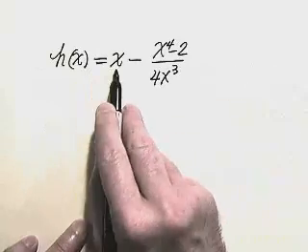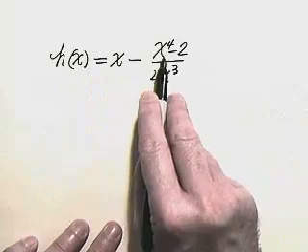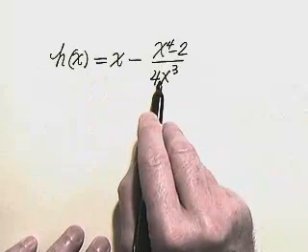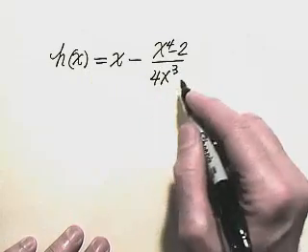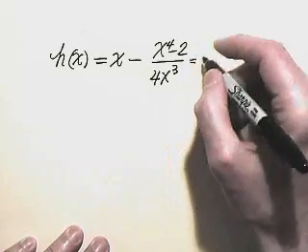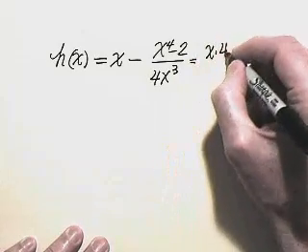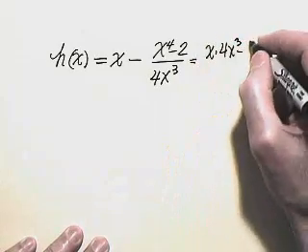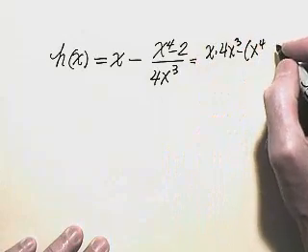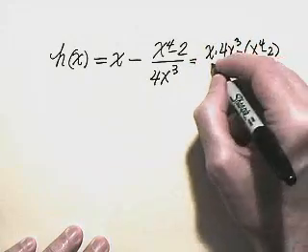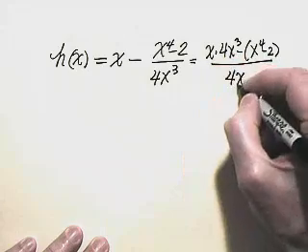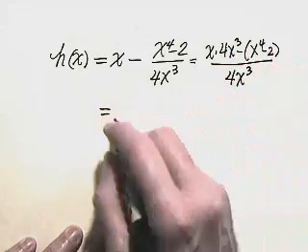So we have h of x is x minus x to the fourth minus 2 over 4x cubed. So let's begin by getting common denominator. So we have x times 4x cubed minus the quantity x to the fourth minus 2, all divided by 4x cubed.